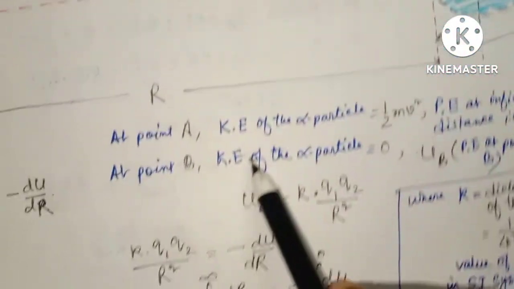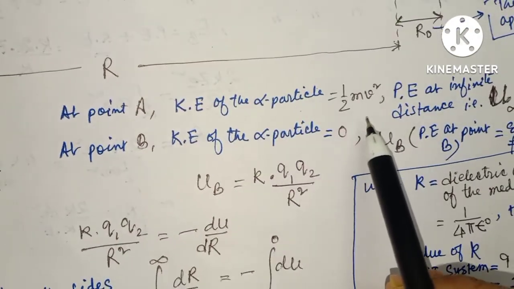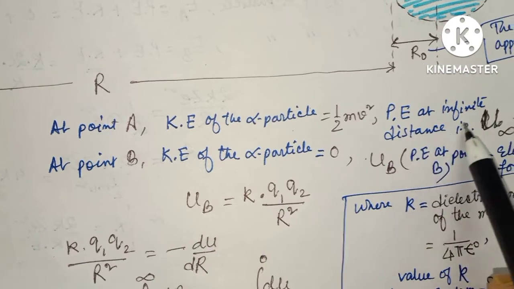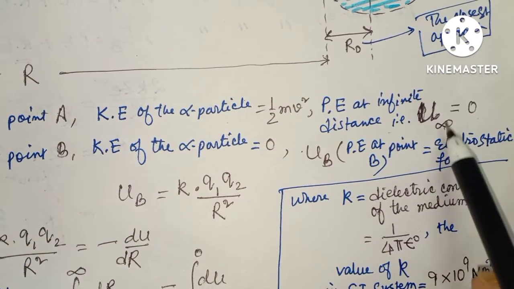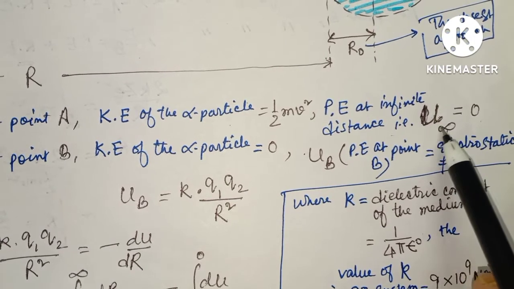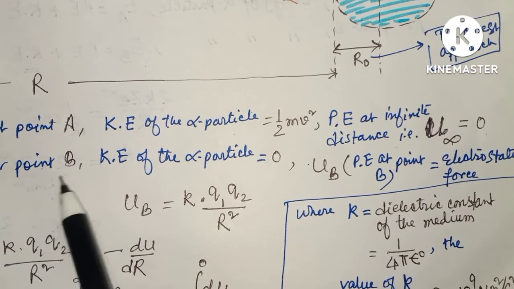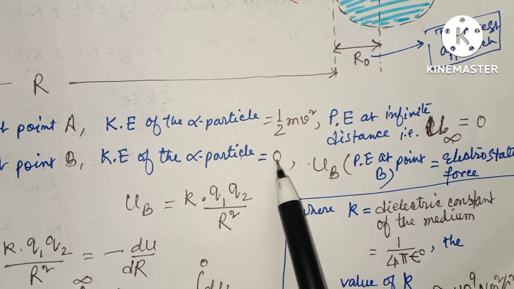At point A, the kinetic energy of the alpha particle is equal to half mv square, but the potential energy at infinite distance, U at infinity, will be 0. At point B, the kinetic energy of the alpha particle is equal to 0.